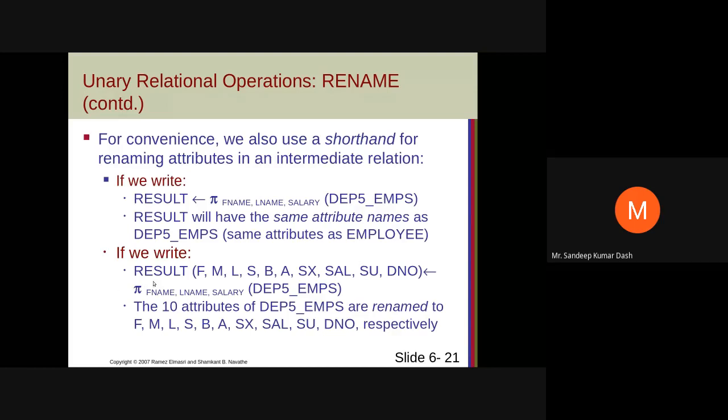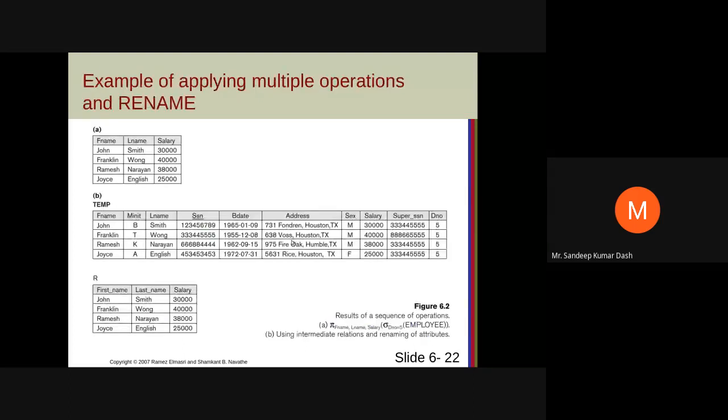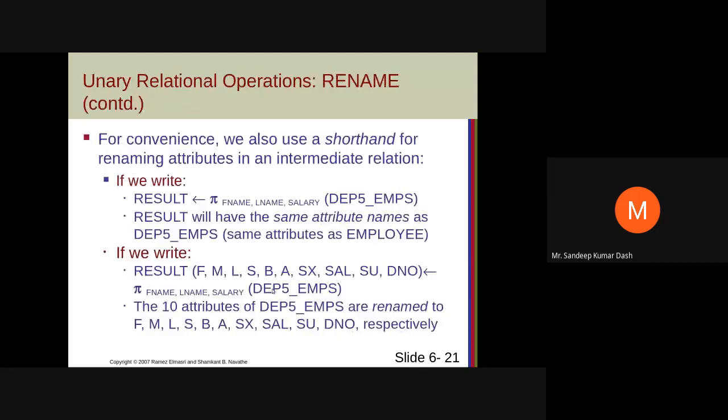When you are writing this department 5 employees, the result will have the same attribute names as employee. But if you write this one, the column names in the employee table will be changed to F, M, L as written here. The 10 attributes will be renamed to this.